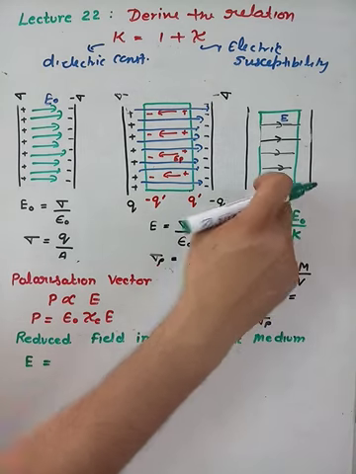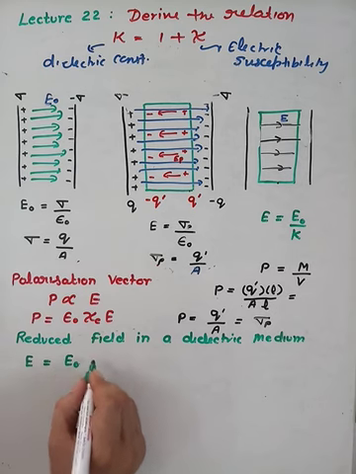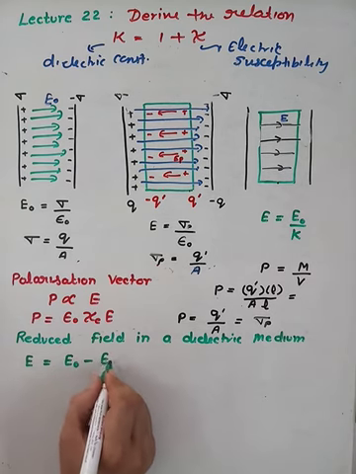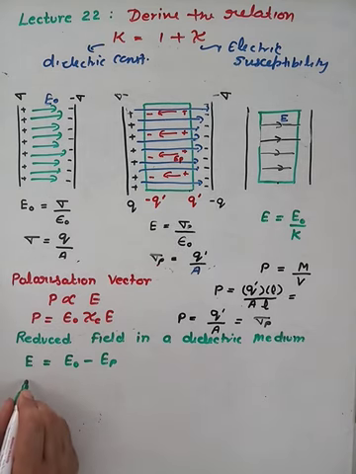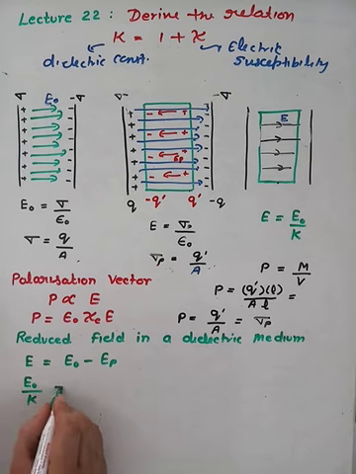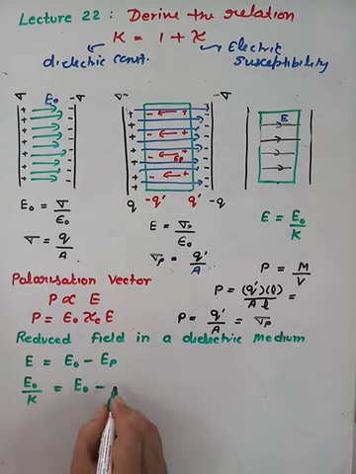This is the reduced field, or field in the medium. E can be written as E naught by K, so E naught by K is equal to E naught minus EP.